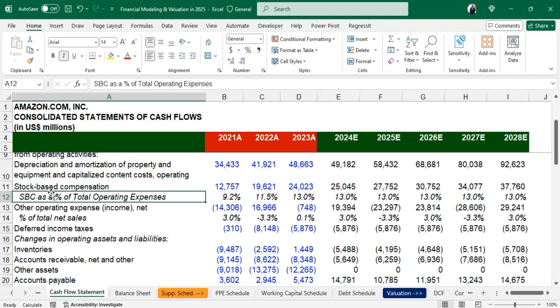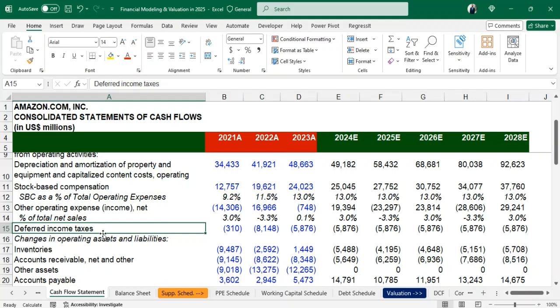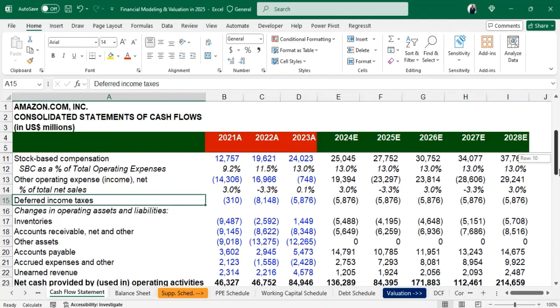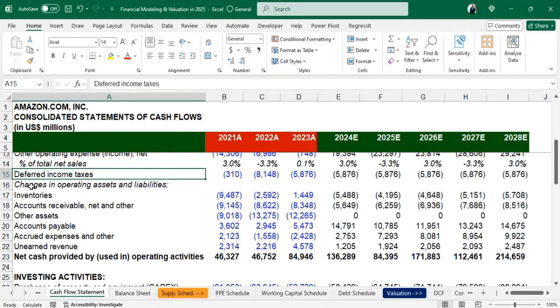We have stock-based compensation, as you can see here. And then we also have other operating expenses, as well as deferred income taxes. All right, so these are the items we are dealing with. And then you also see changes in operating assets and liabilities. And we are going to deal with that also.